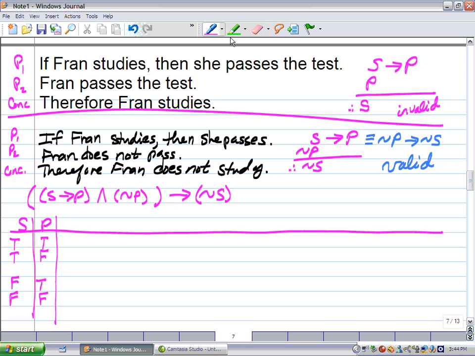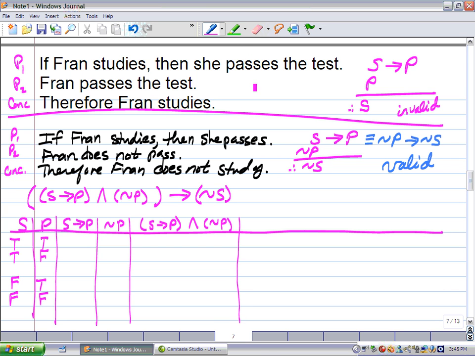Okay, starting on the inside of this parenthesis, S implies P is first. Then we've got to do the second one, which is not P. Then we have to put them together, S implies P and not P.